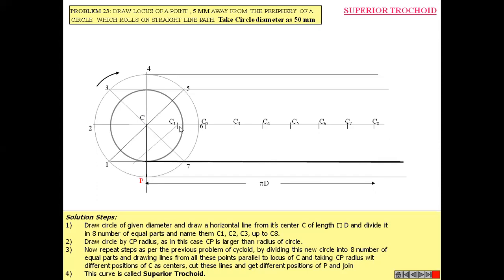Now consider the center C1 with the same radius, which means radius 30, 25 plus 5, then mark one arc on the horizontal line passing through point number 1.